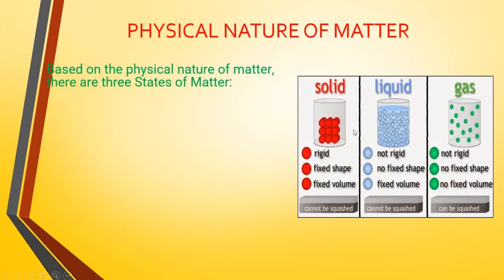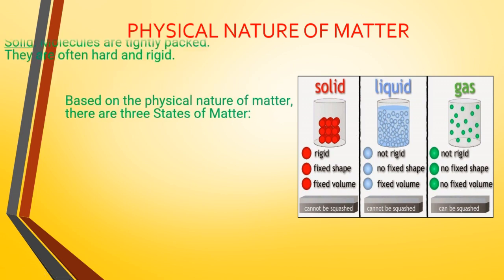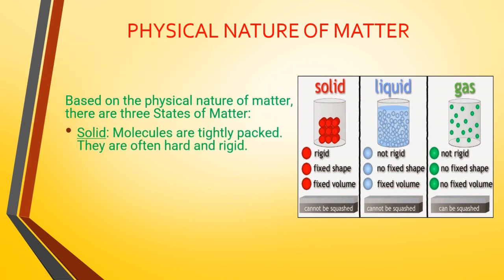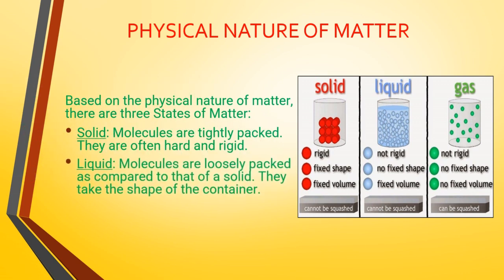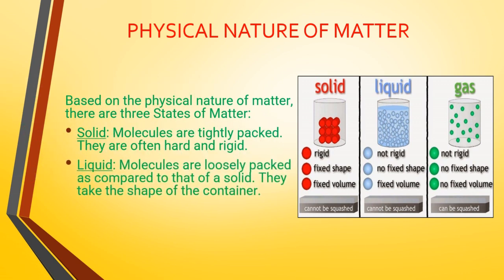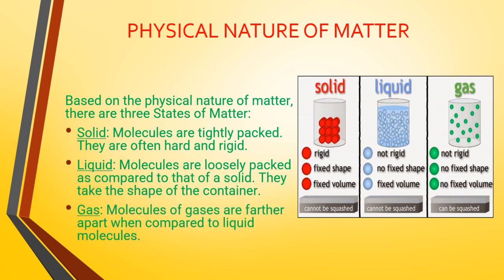Now, the physical nature of matter. The physical nature of matter can be divided into three parts, as we described before: solid, liquid and gas. Matter exists in these three states, but nowadays there are other physical states of matter as well. Beforehand we discussed only these three categories. One of them is solid.